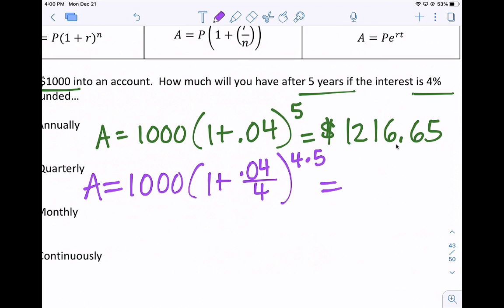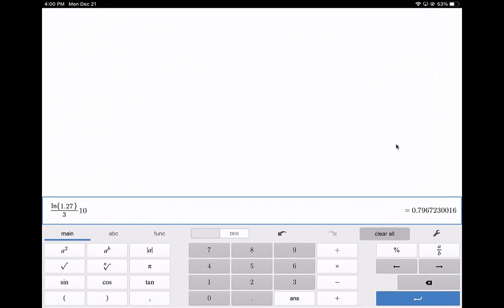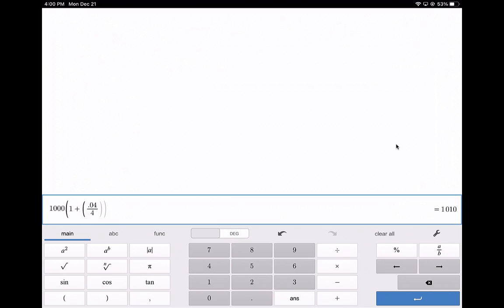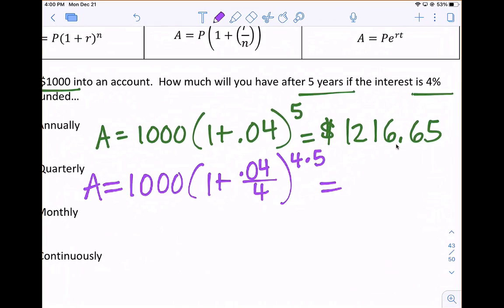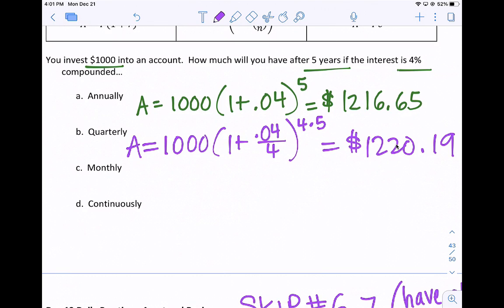All right, so if we type that in, I'll show you on this calculator. 1,000 we start with, 1 plus 4% divided by 4 times a year, and then to the power of 4 times 5 years, so 20, and we get 1,220.19. Okay, so you can see it does increase by like $4 if we go to quarterly versus annually.